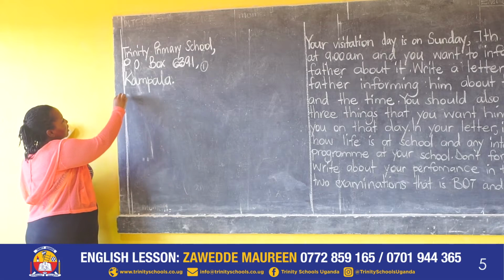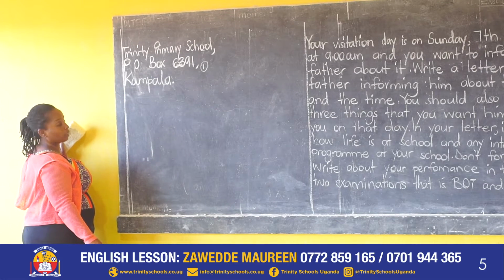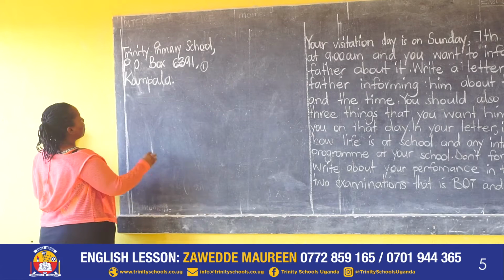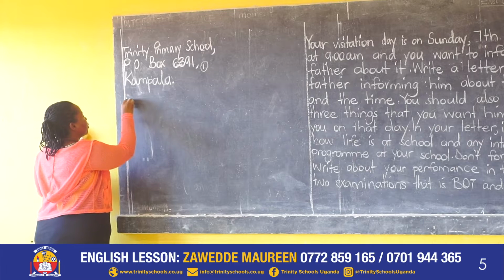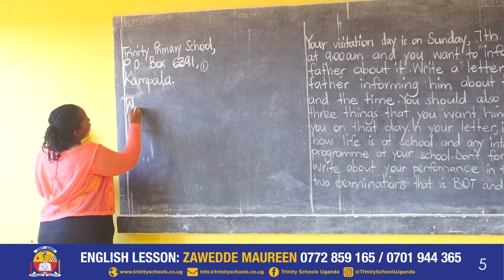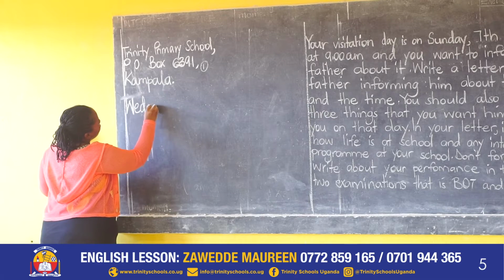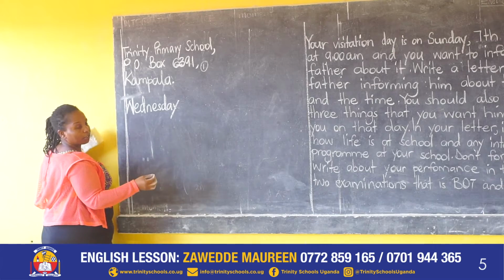My dear candidates, it's more recommended to write the date beginning with the day. Supposing today is Wednesday, I put a capital W like that, and I write Wednesday properly. I put a comma as the date separator.